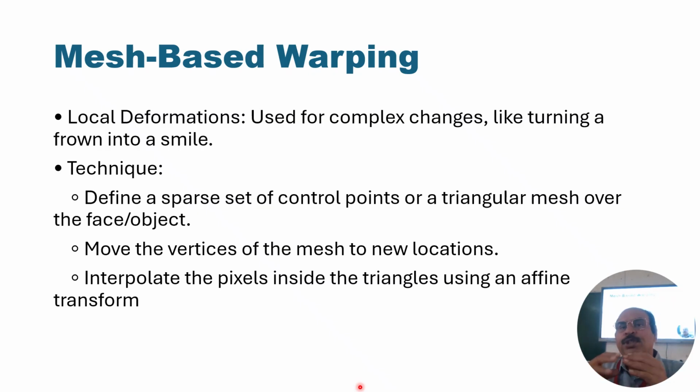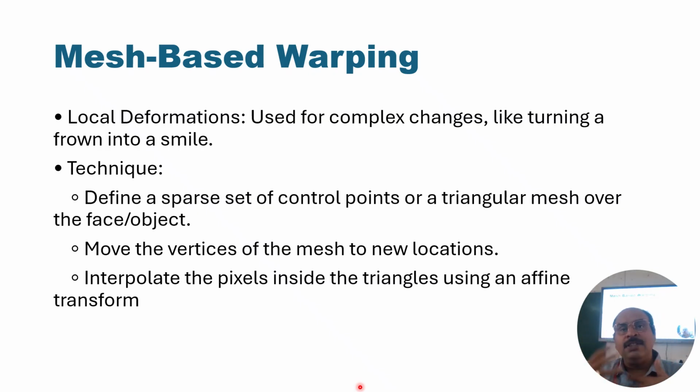So in computer vision, we will be doing some interesting projects. Say you have an image of somebody who is very angry, and you want to change that photo in such a way that this person is smiling. So we have to make some complex changes, right?